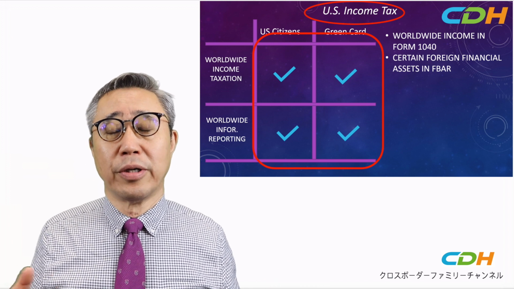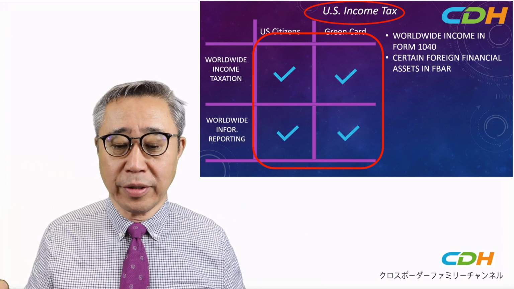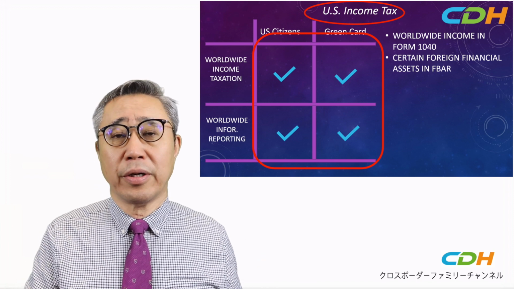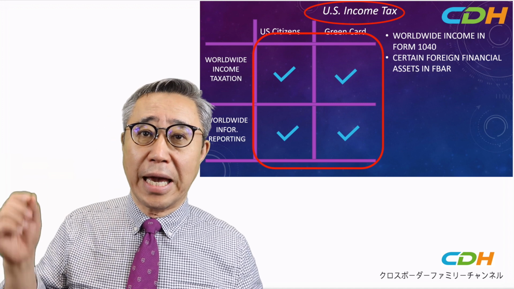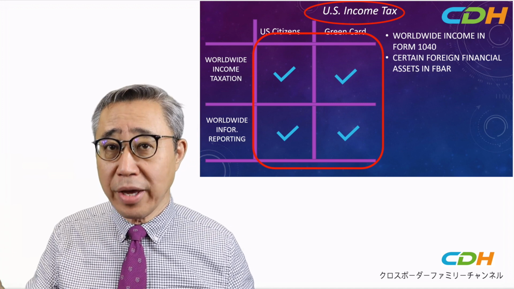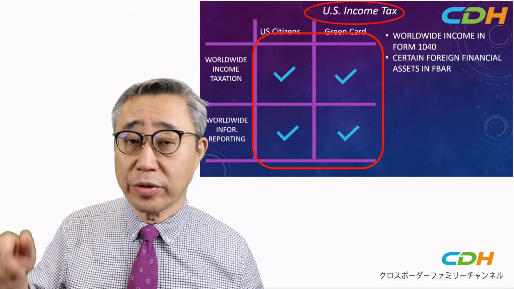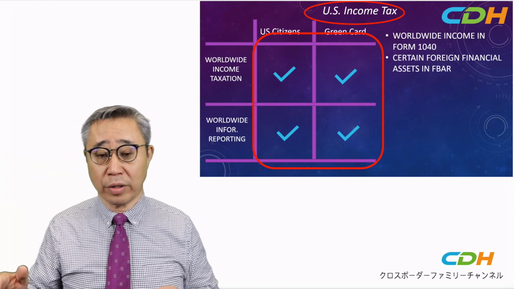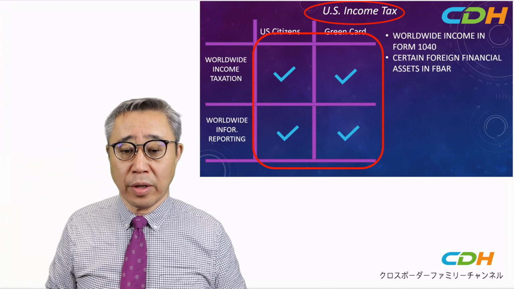I am not going to talk about the criteria of what is the certain, but in general, you must report your foreign financial assets to the government. And I said FBAR, but sometimes there is a form called Form 8938. You also may need to add Form 8938 to your tax return, depending on the type and amount of your foreign assets.